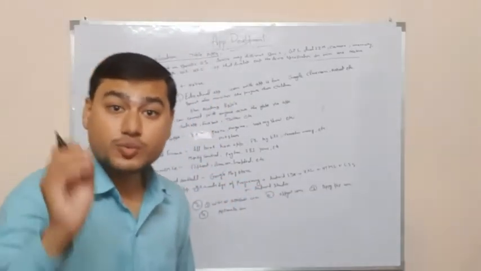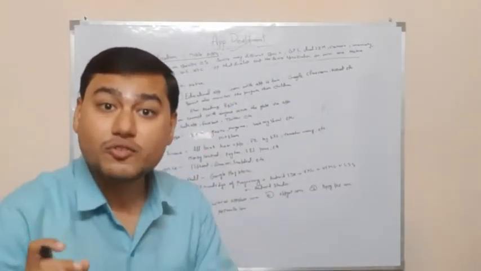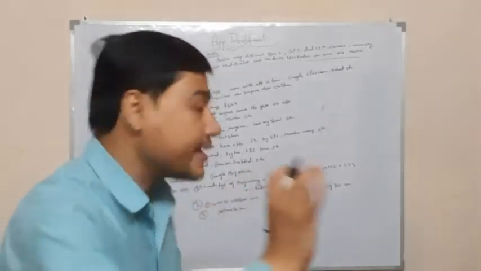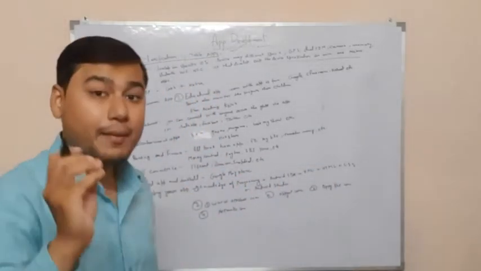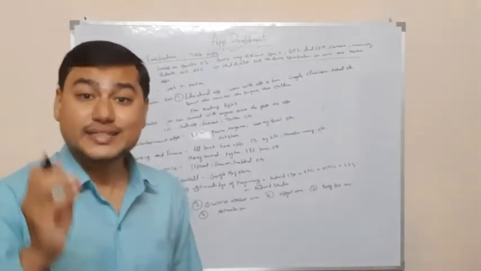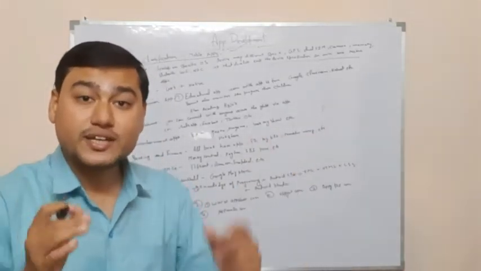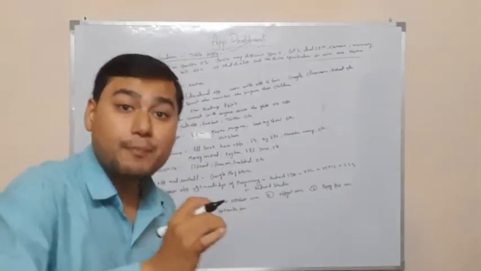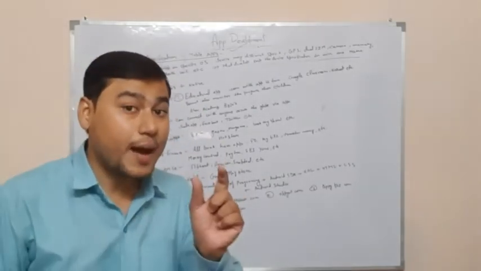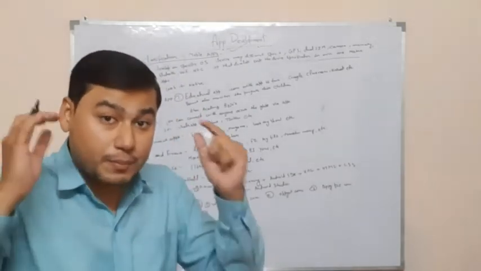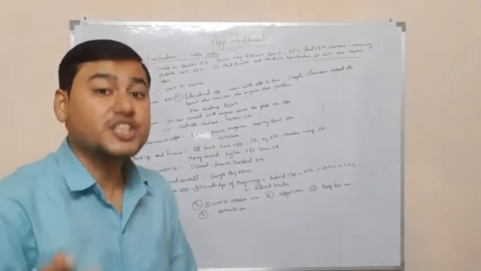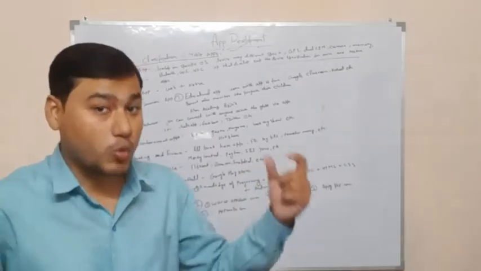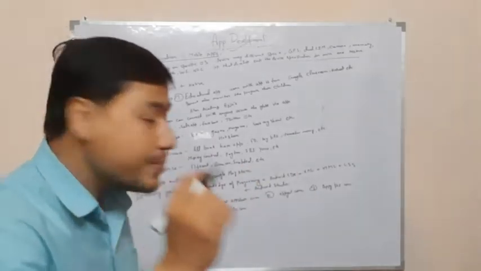The app which runs only when internet connectivity is there is called a web app. Now hybrid app. What is a hybrid app? A hybrid app combines a web app and a native app. A native app keeps in mind the specification of a device. So the device specification plus internet connectivity together create a hybrid app.